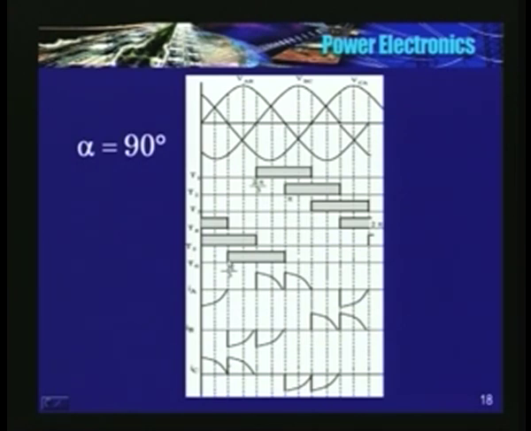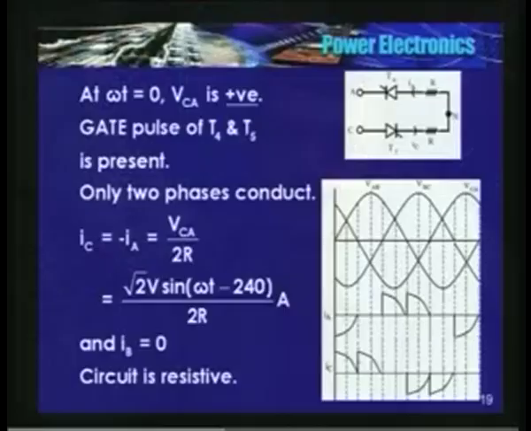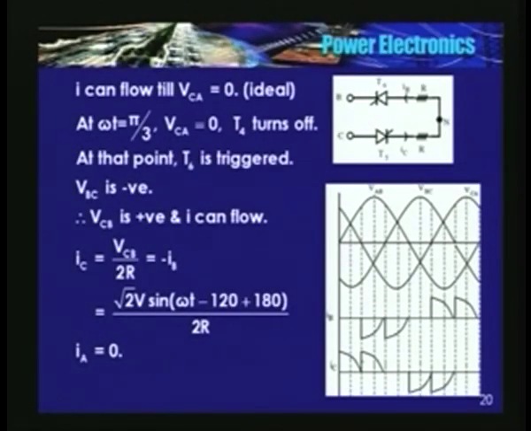Now, T5 is connected to C phase, 6 is connected to B phase. See, the circuit configuration is something like this. C, B, 6 and 5. Now current can flow in this direction provided VCB is positive.